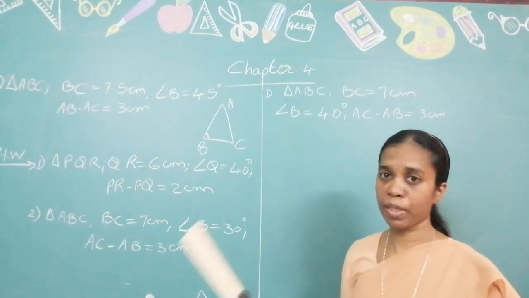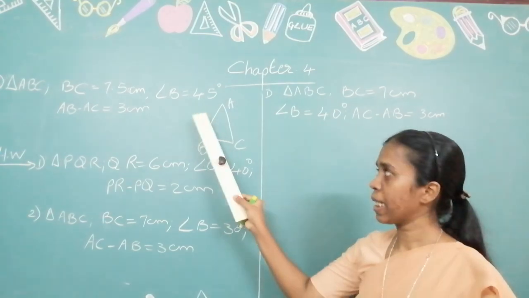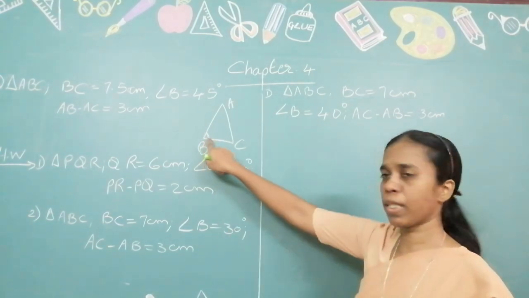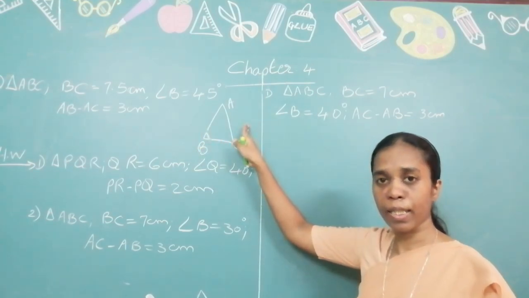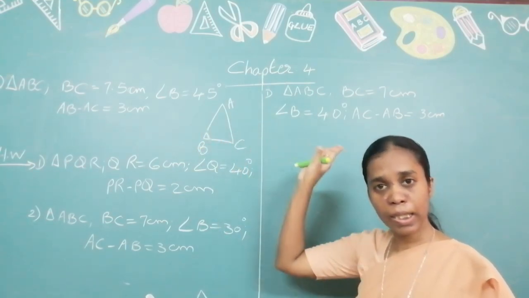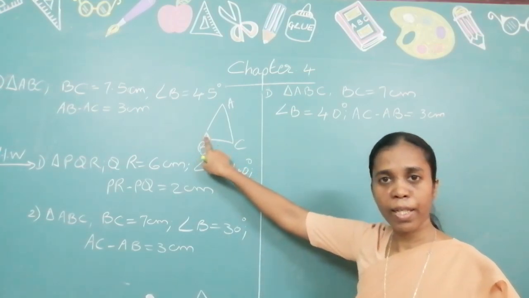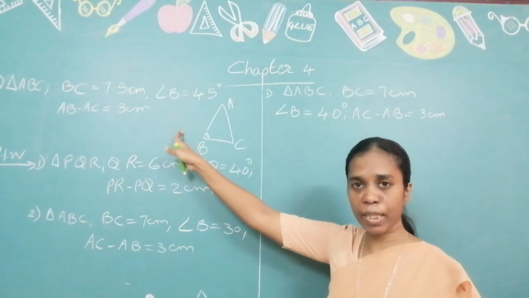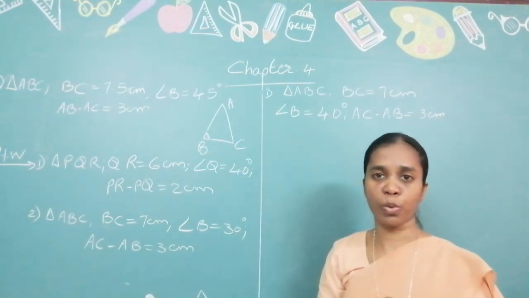Okay. Please remember this step. If this is given to you and you are told that this side, because this is the base angle given, so this side minus this side, then the construction is above. Okay. This base angle is given and you are told this minus this, then the construction is below.